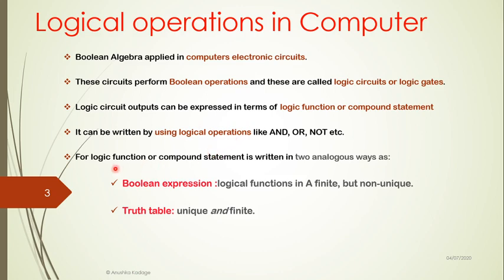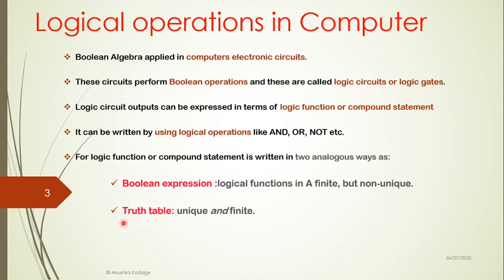And that's why any logic function or compound statement of a digital circuit can be represented in two analogous ways. One is the Boolean expression, which is nothing but a logical function of a finite number of variables, and that is not unique, because as the variable combinations change, these Boolean expressions may change, and that's why they are non-unique.